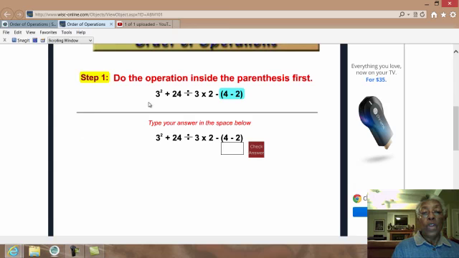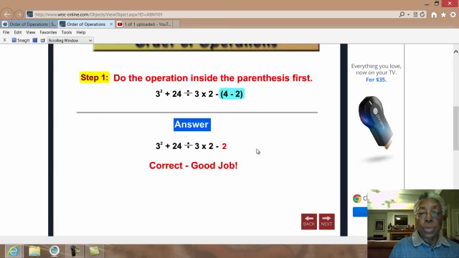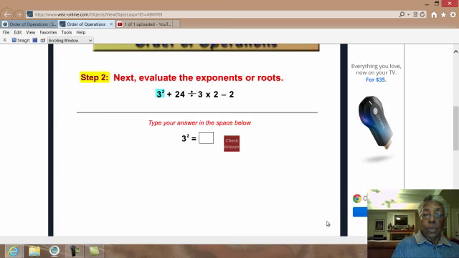Step 1, do the operation inside the parentheses first. You're right. 4 minus 2 gives you, let's check our answer, 2. Correct. Good job.